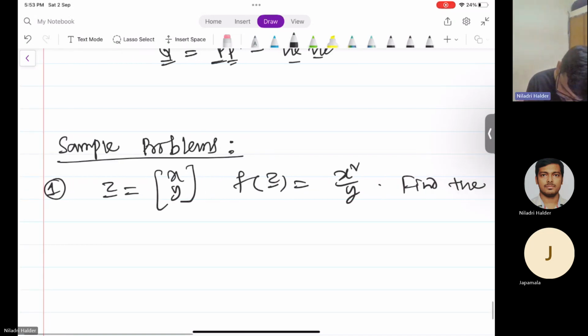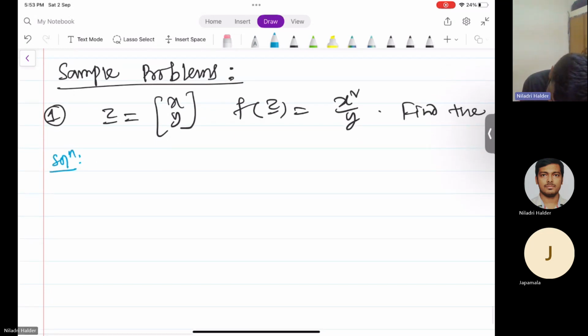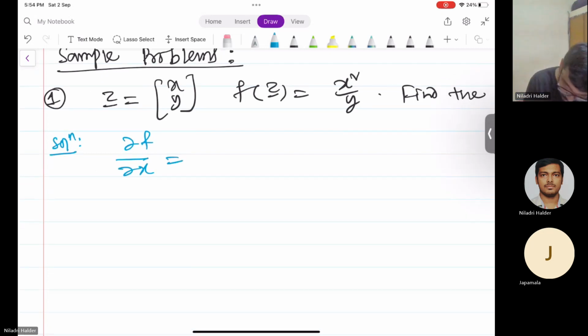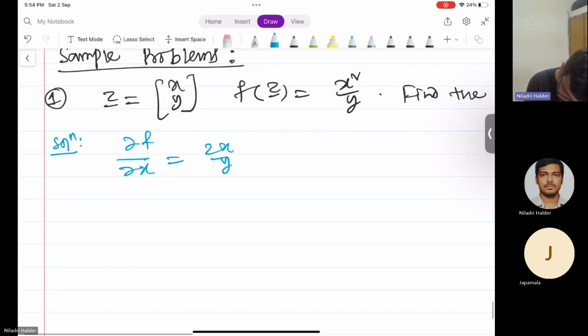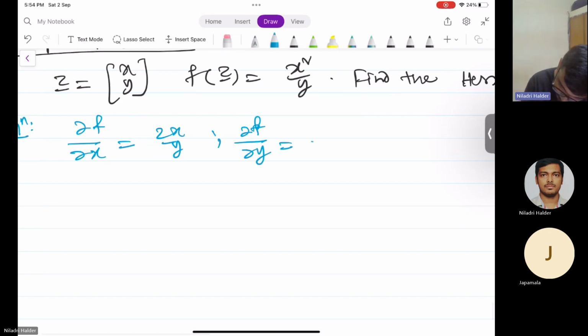So, the solution is that del f del x equals 2x by y, then del f del y equals minus x square by y square.